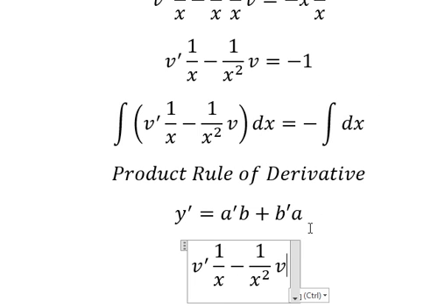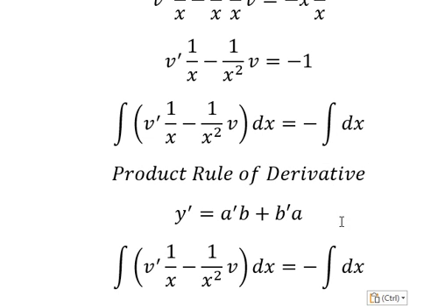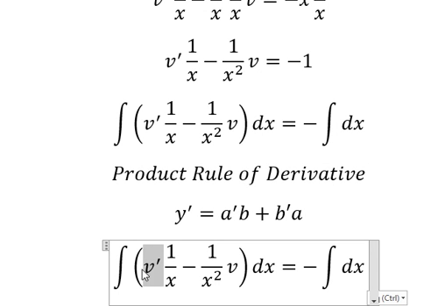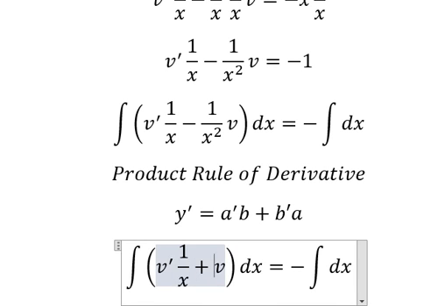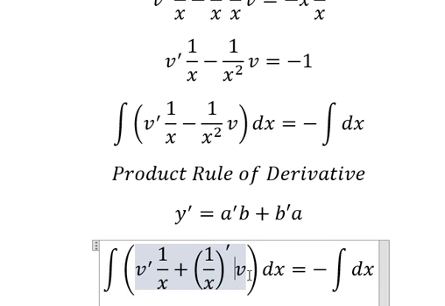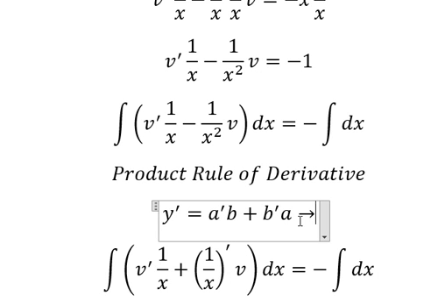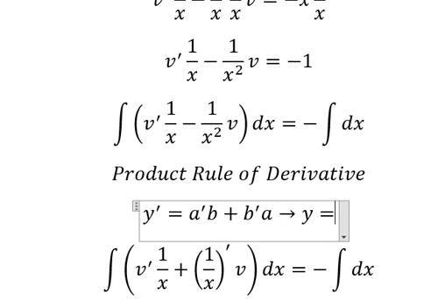So if we look carefully about this one, we see that this is about first derivative of a multiplied by b. This one, that is about first derivative of b multiplied by a. So the integration of this one, we have y equals to ab.